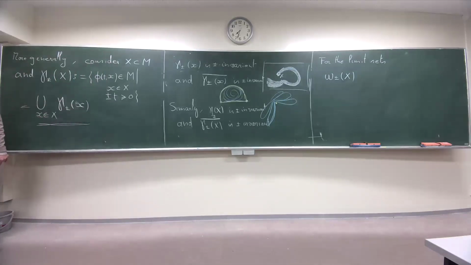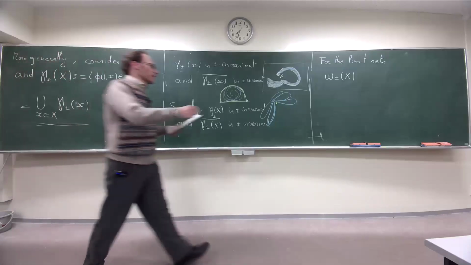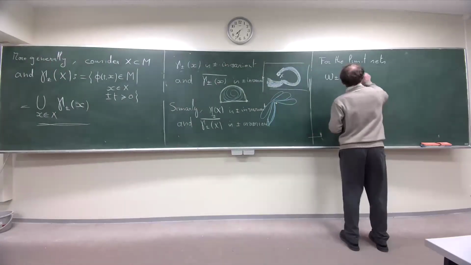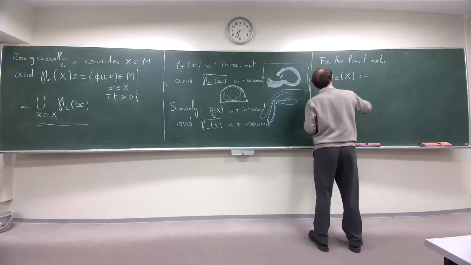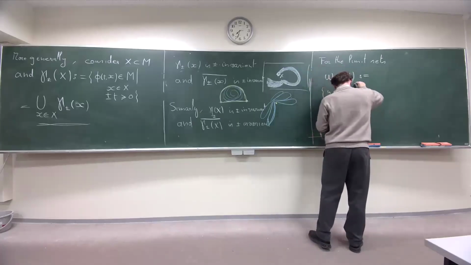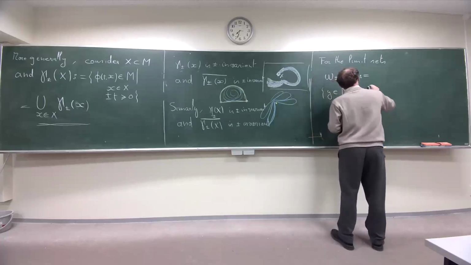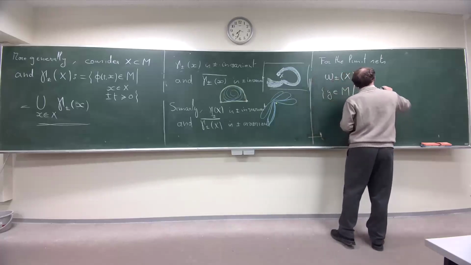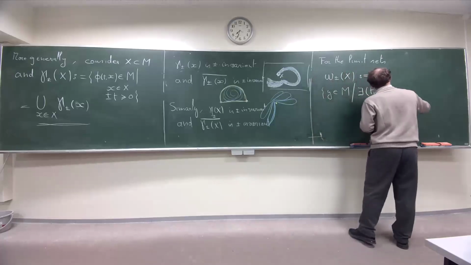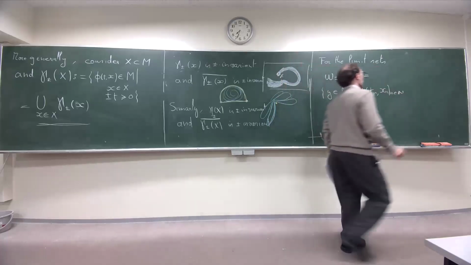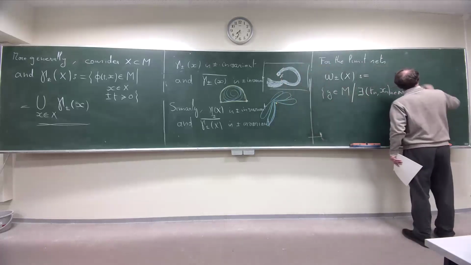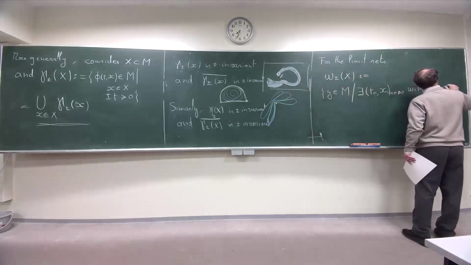But this is not a good notion. So let me give you the definition we need to use. This is the set of y in M such that there exists a sequence Tn and xn, a sequence indexed by n, with Tn going to infinity.